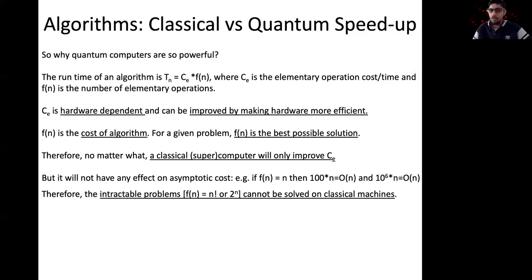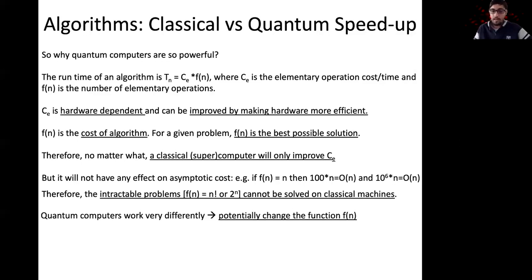And no matter what you do, you can't make it more efficient because it's still n factorial or 2 power n. That's why you might have heard in your algorithm class that there are problems which are NP complete or P complete, all those classifications, because those are inherently very challenging problems. And for very large values of n, you won't be able to solve those problems on your classical computer.